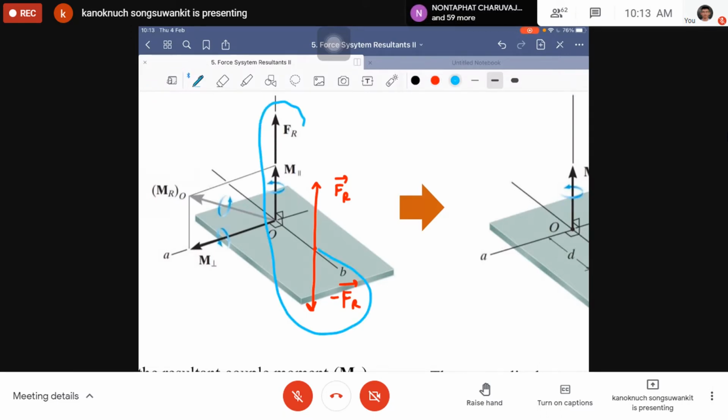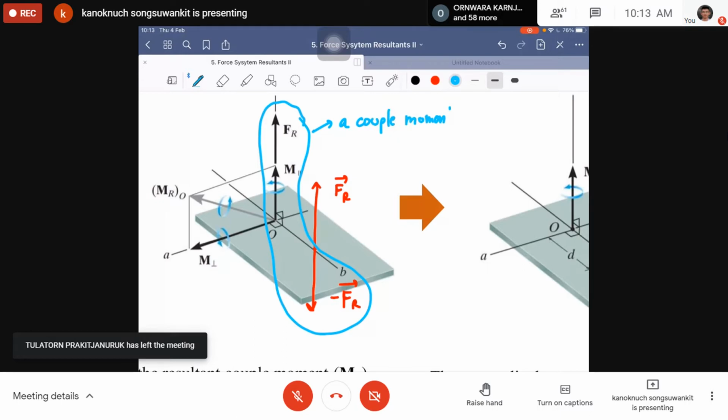And this pair of forces produces a couple moment. And this couple moment acts along this direction.